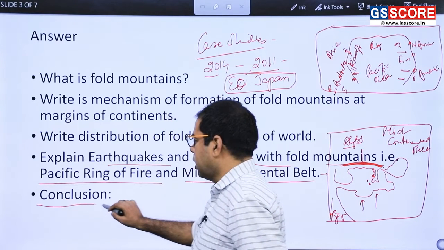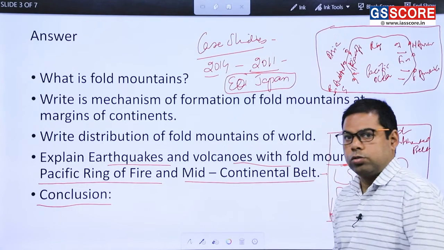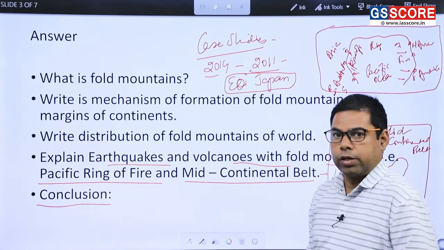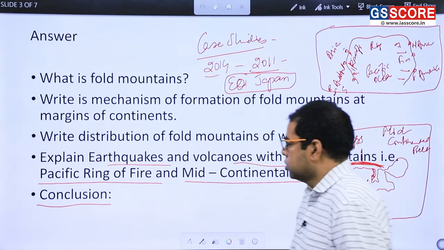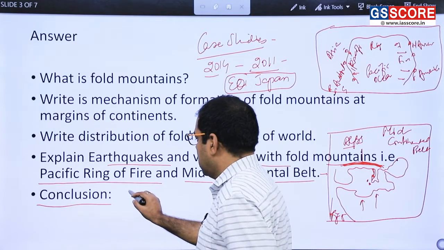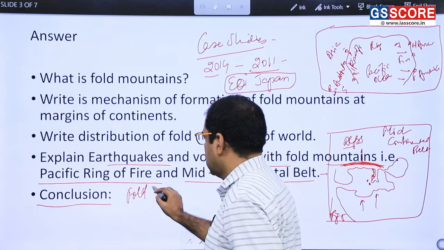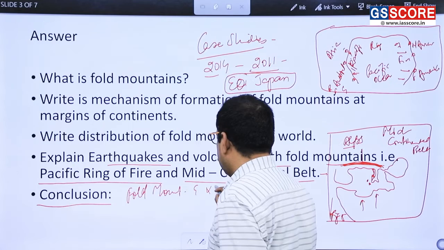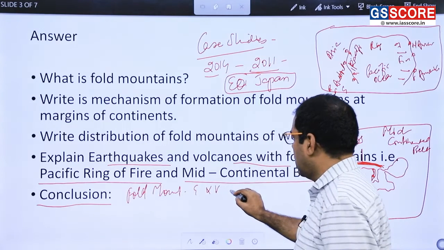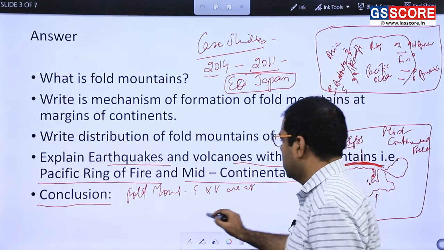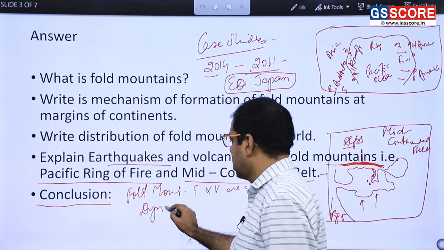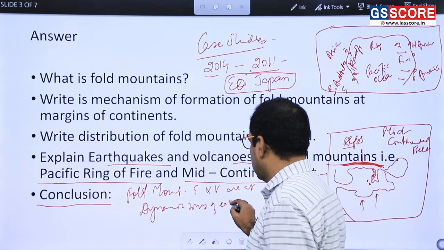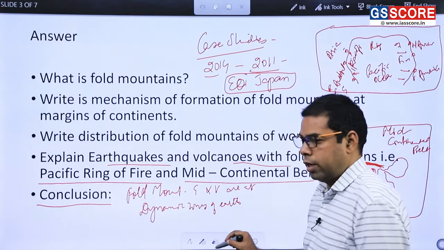Then after that, the conclusion. Students often ask whether we should give a conclusion to all questions or not. Here, definitely, we can draw the conclusion. So that the fold mountains, earthquakes and volcanoes are dynamic zones of earth, right.